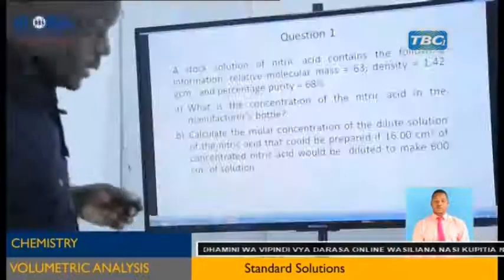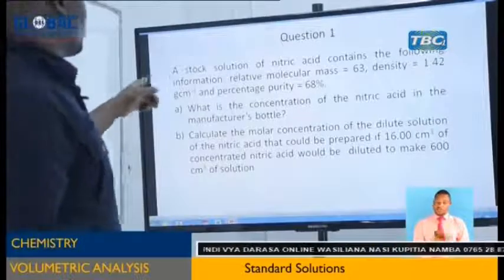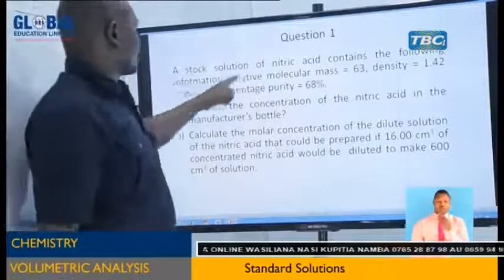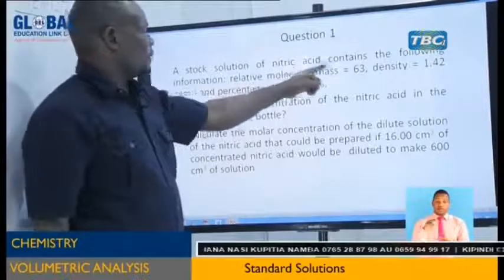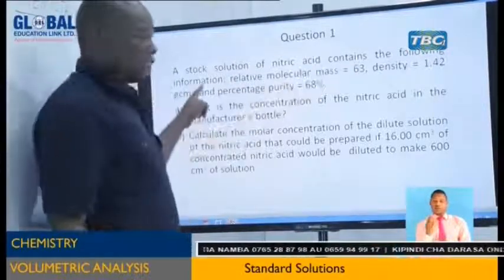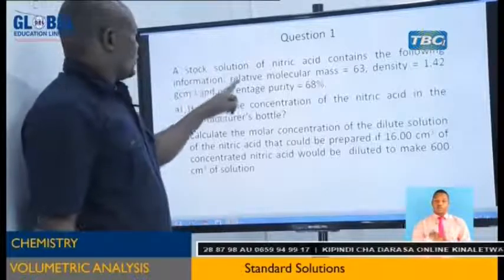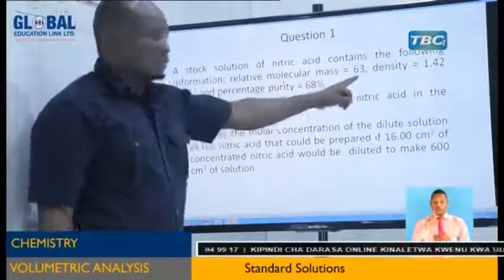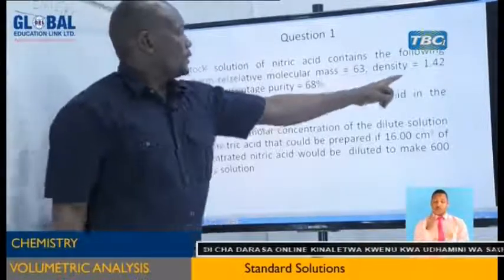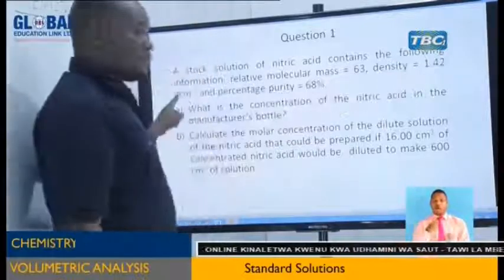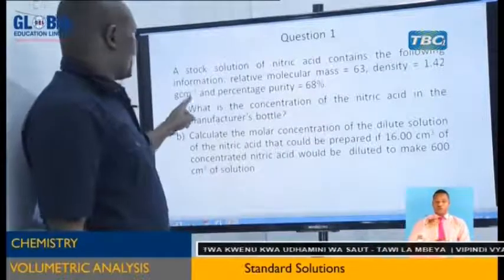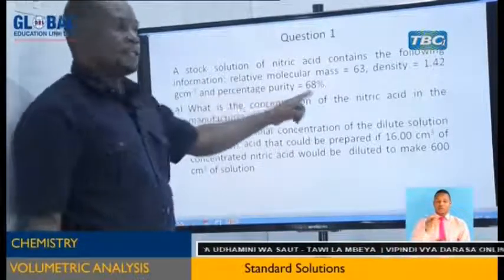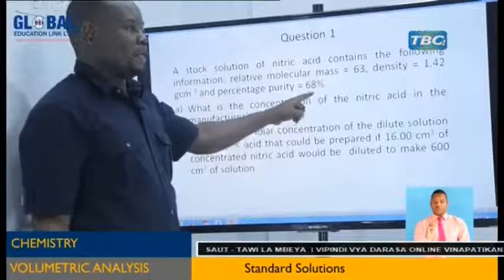Question number 1 is that a stock solution of nitric acid contains the following information: the relative molecular mass is 63, density is 1.42 gram per cubic centimeter, and the percentage purity is 68%.